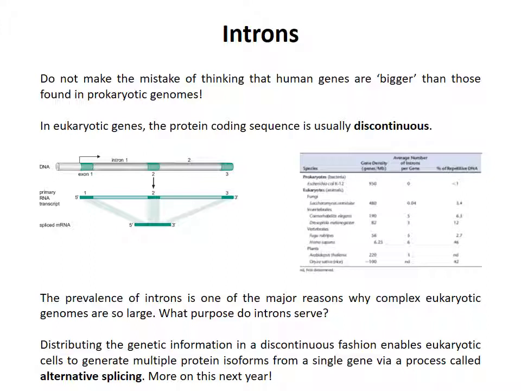By distributing their information in a discontinuous fashion, what complex eukaryotic cells are able to do is generate many different isoforms of a protein from a single gene by mixing up the exonic sequence in different ways to produce what are known as alternative splice products. So we'll talk a little bit about alternative splicing when we talk about gene expression later in the module, but this is a topic which we'll cover in quite a lot of detail next year on medical genetics.